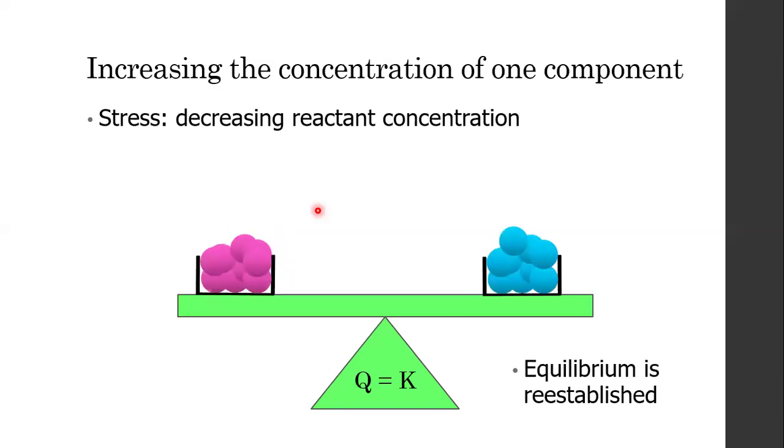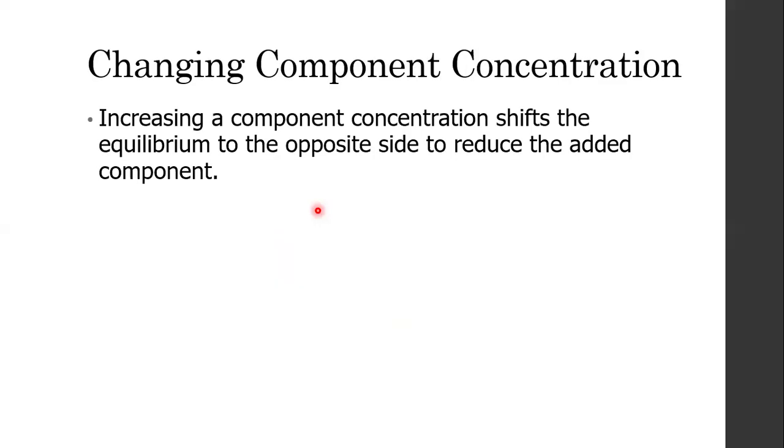Next, let's try to summarize changing component concentration. When we increase a component concentration, either reactant or product, its effect would be shifting the equilibrium to the opposite side to reduce the added component.